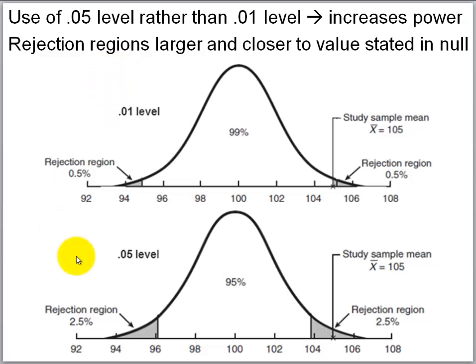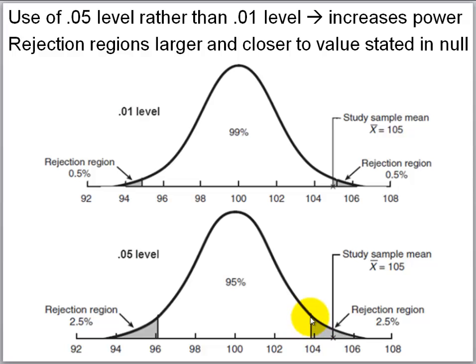The bottom figure shows rejection regions using the 0.05 level, and the top figure shows the same situation, other things being equal, except that the 0.01 level is used. So you can see that when the 0.05 level is used, smaller differences are going to be sufficient to reject the null.